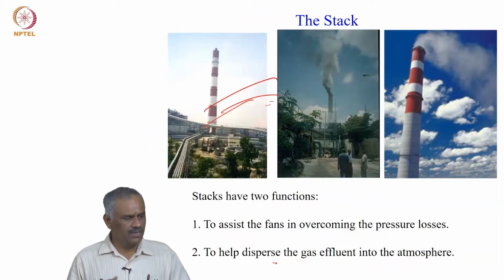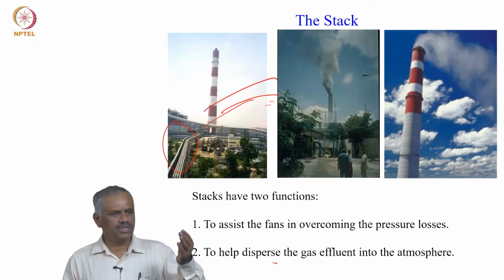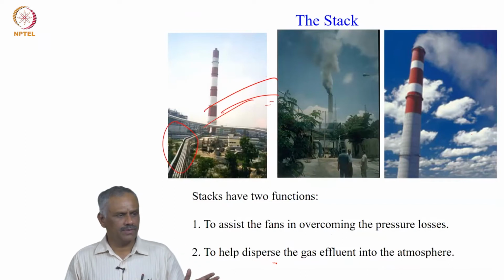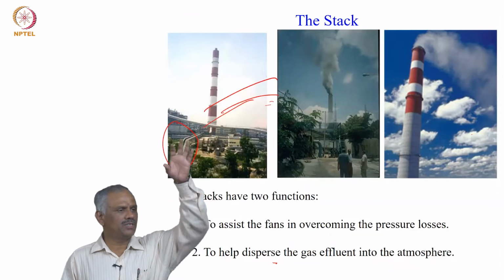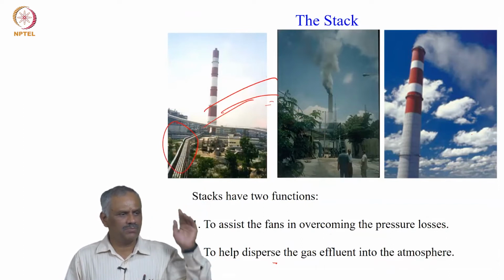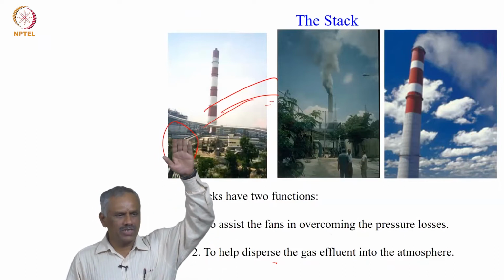The other one is the suction: the ID fan needs to take out these gases and put them into the atmosphere. If you put these flue gases at the lower level, the atmospheric pressure is high, so you have to spend more energy. Whereas if you put them into a lower atmospheric pressure, you have a pressure-driven flow, because if you go to a higher altitude, the pressure reduces.